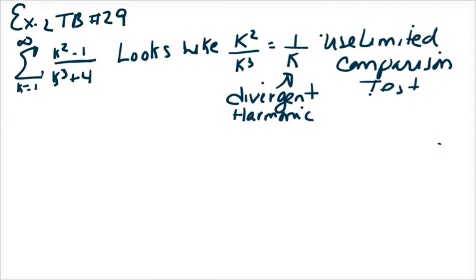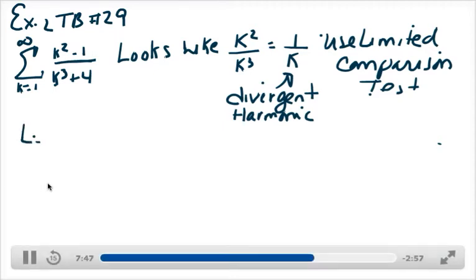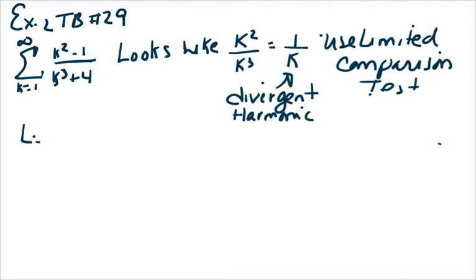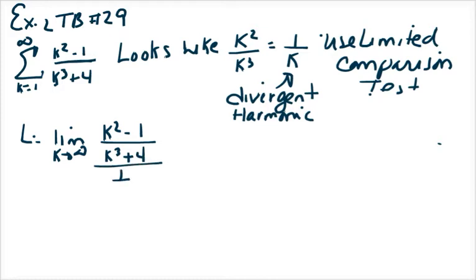So looking at this, I'm going to set up the limit. And I'm going to put the known series in the denominator. So I'm going to take the limit as k goes to infinity of the unknown series up top divided by the known series, which is the divergent harmonic. And I'm going to algebraically clean this up.